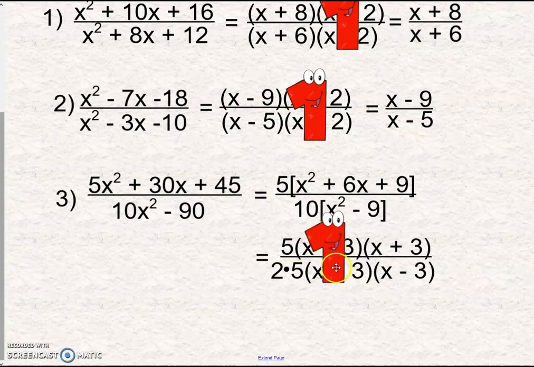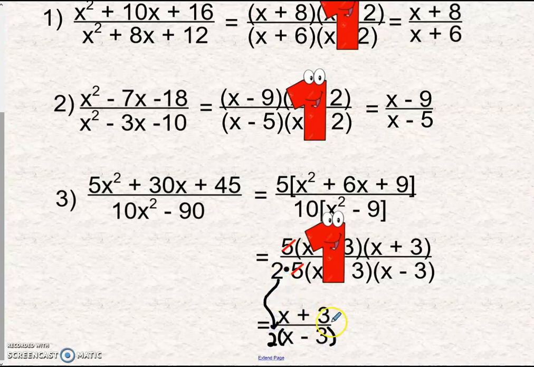See him wearing the quantity of x plus 3? And you also see him wearing those 5s? So what do we have left? In the top, we have an x plus 3. And in the bottom, whoops, in the bottom, we have a 2 times the quantity of x minus 3. Don't forget that 2 is right there.